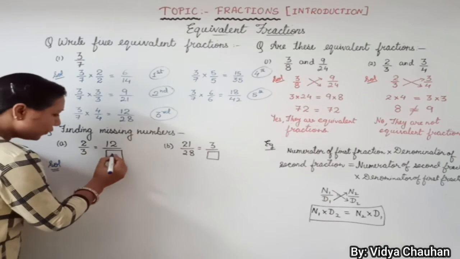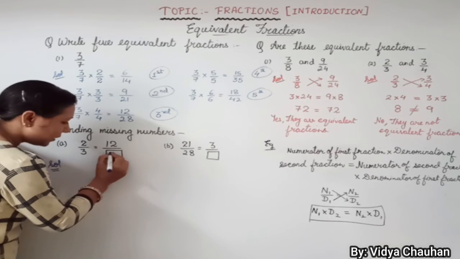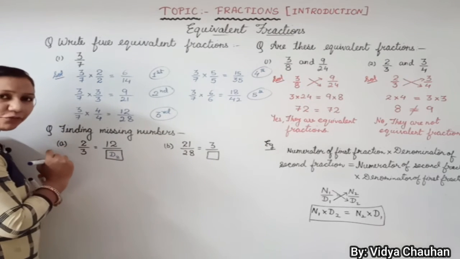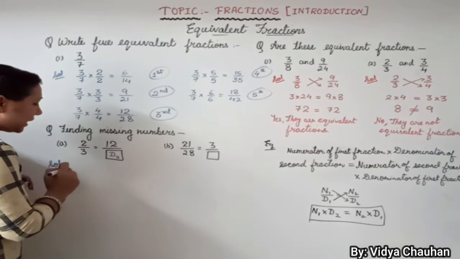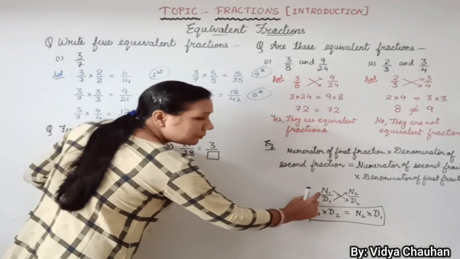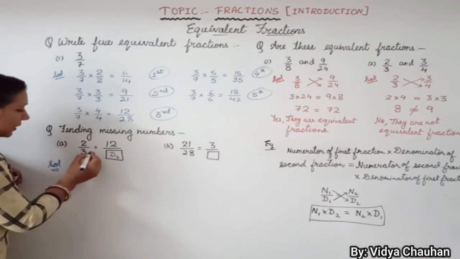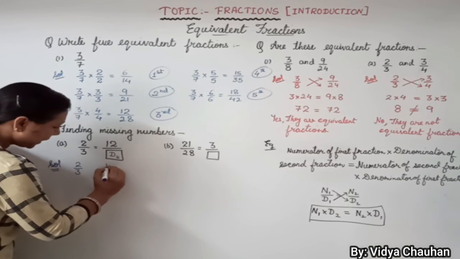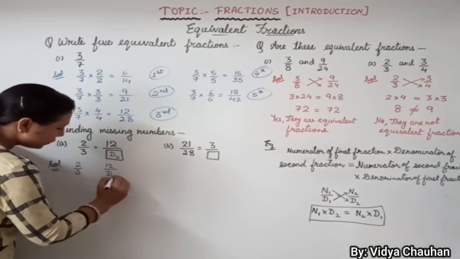Clear? So here if I write that we do not know the value of D2, denominator of second fraction, we will use this same formula, the cross multiplication formula. So cross multiplying the value, that is 2 upon 3 and 12 upon D2.